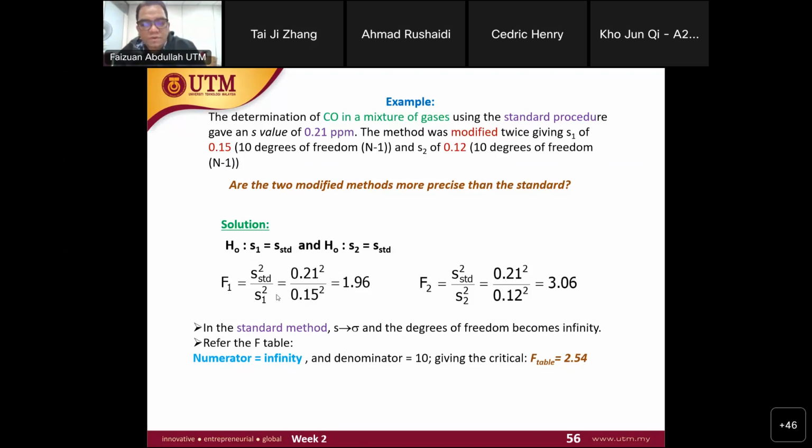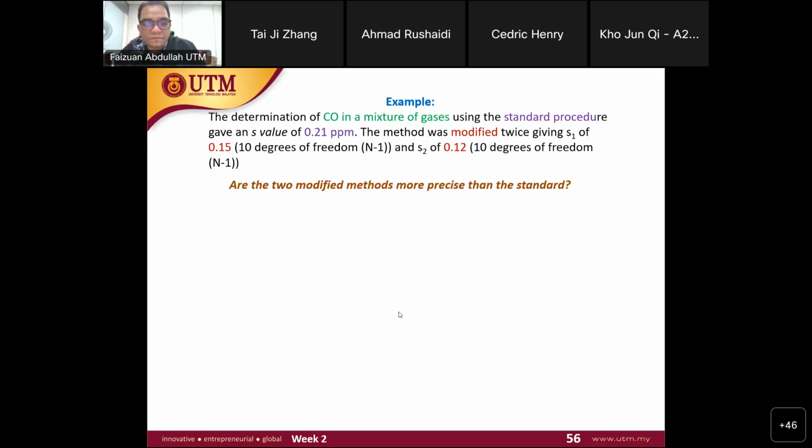So normally if we use the standard method, just assume the numerator for the standard is infinity. So the numerator is infinity and the denominator is 10 here. The numerator always comes from the standard. Remember this statement?